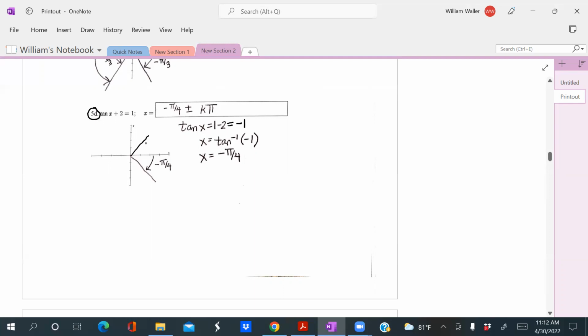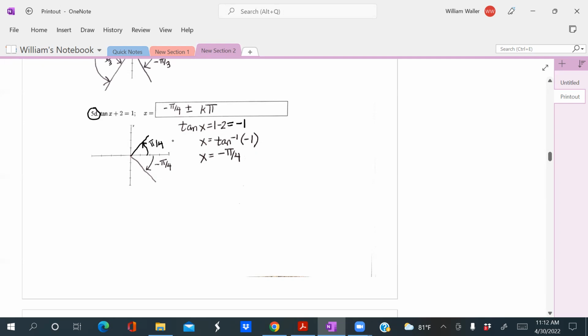Because here's pi over 4. So we know our angle has something to do with pi over 4, because the tangent of pi over 4 is positive 1, right? So this angle x that we're looking for has to be related to pi over 4.